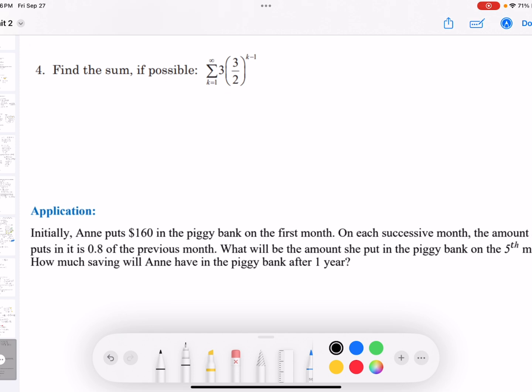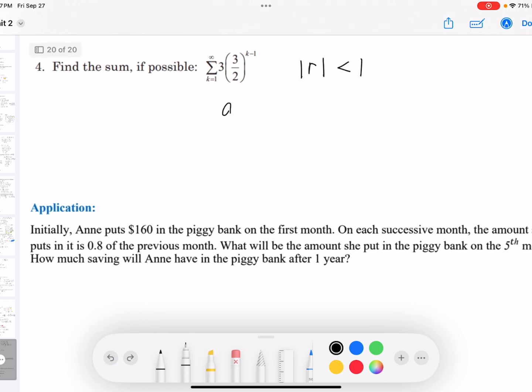Okay, find the sum if possible. If it is possible, we must have the absolute value of r less than 1. And in this one, what is r? We say all of this part represents a sub n. So a sub n is equal to a sub 1 times r to the n minus 1.